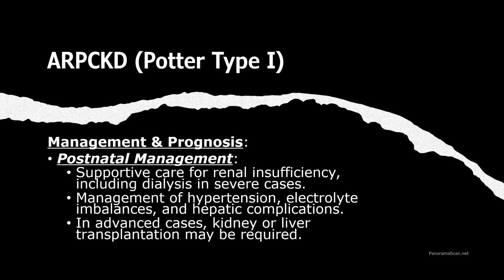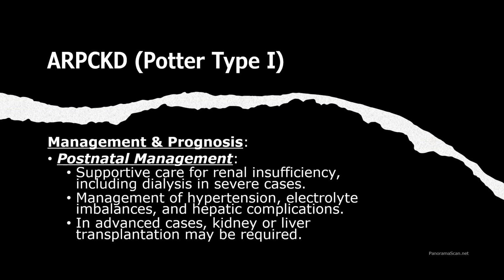In advanced cases when the kidney or liver functions become significantly compromised, transplantation may be necessary to improve the infant's long-term prognosis. The prognosis varies depending on the severity of the condition and the presence of complications.